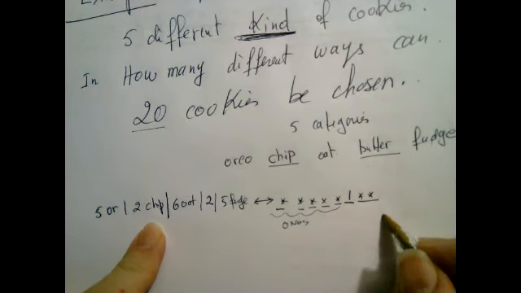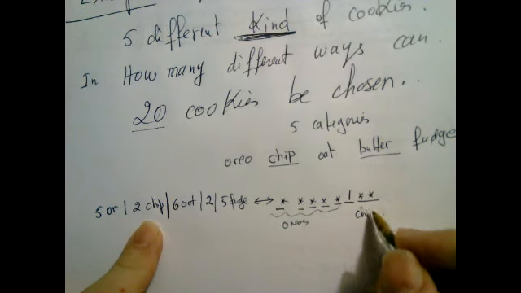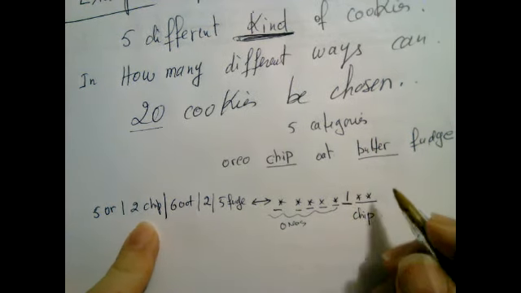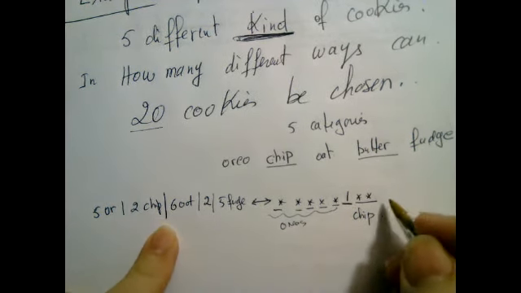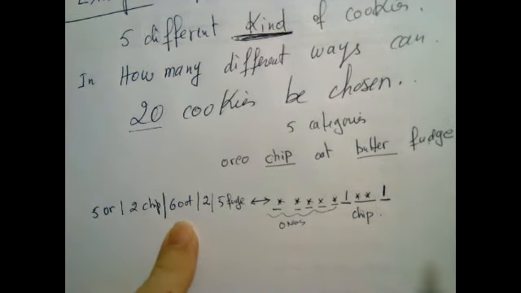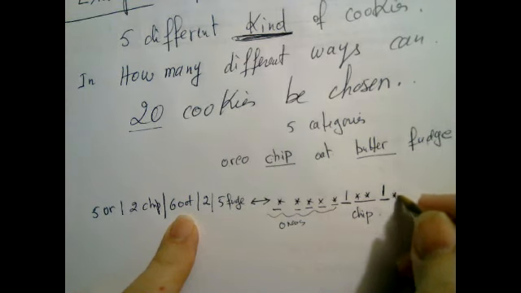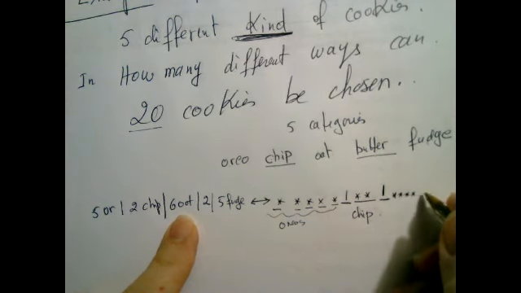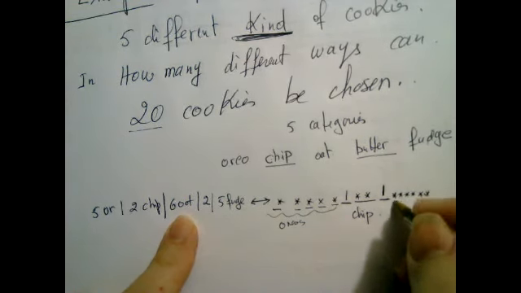So these are the 2 stars, that's the chocolate chip. And then I will have this to separate the categories. I'll have 6 of those: 1, 2, 3, 4, 5, and 6.